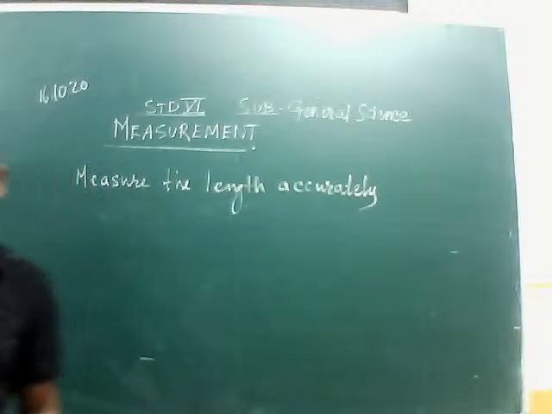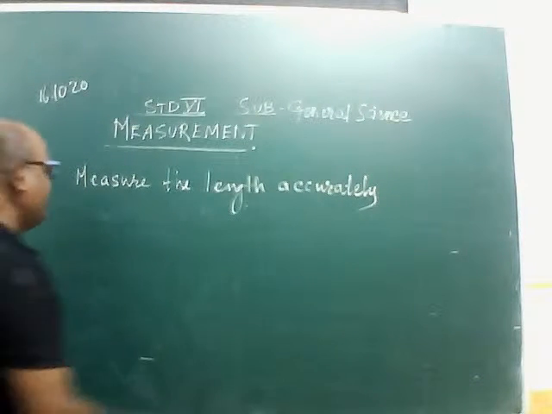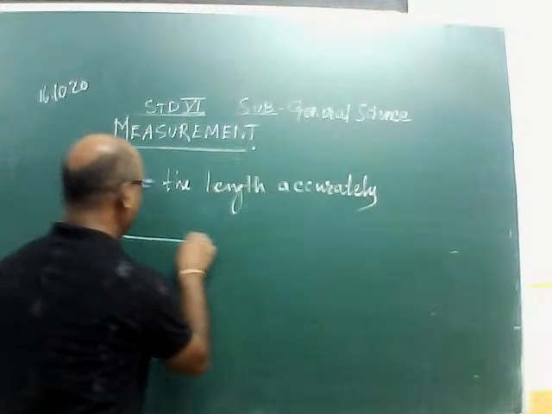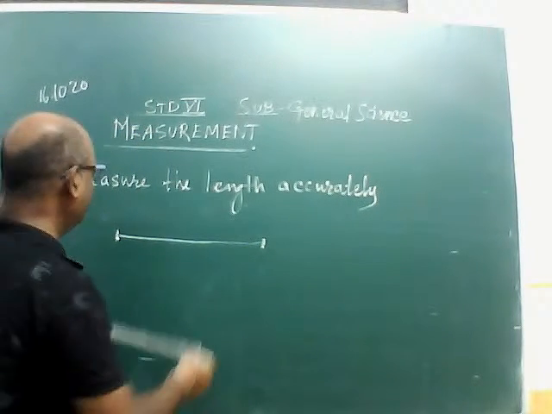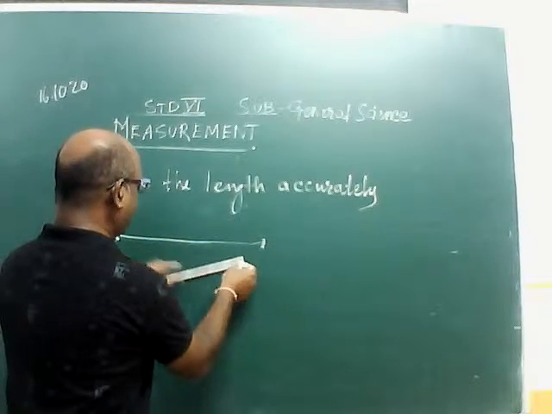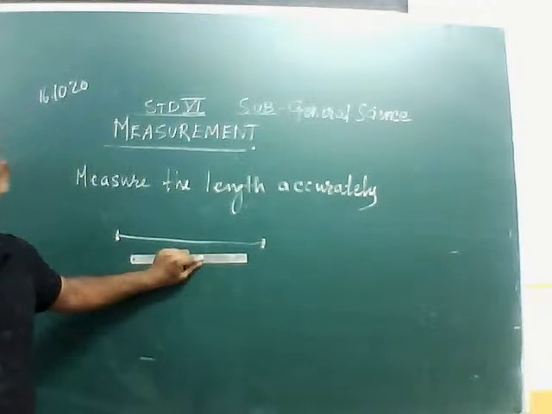To measure the length accurately, what do we have to do? First of all, suppose this length you have to measure. Are you going to keep the scale here to measure this length?